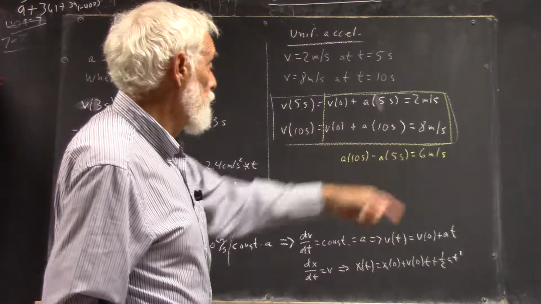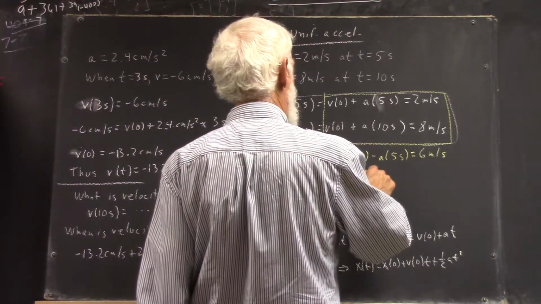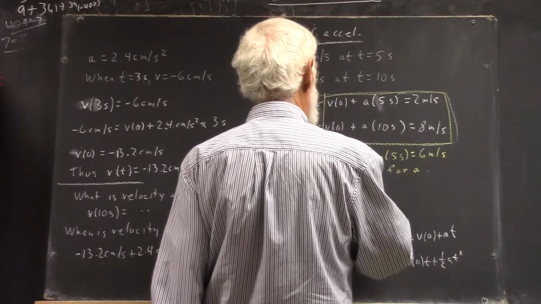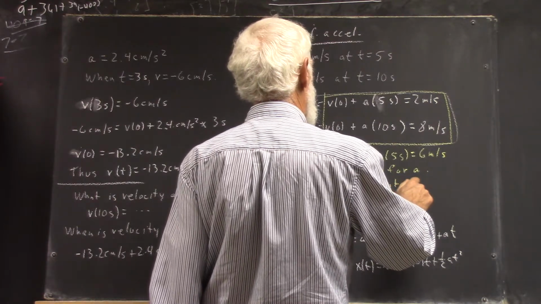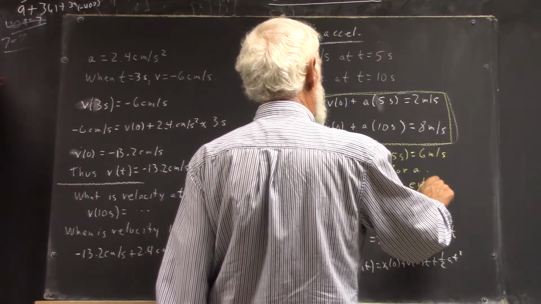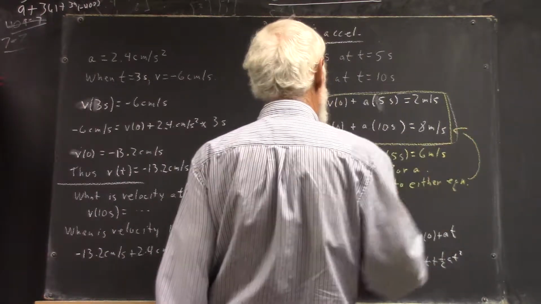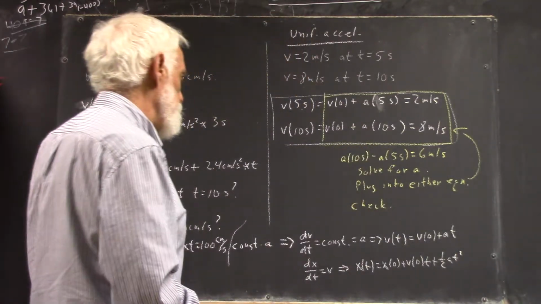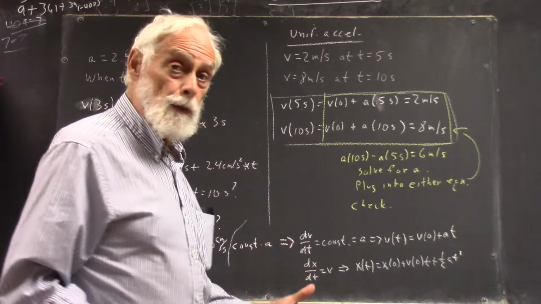So we can easily solve this equation for a. Then we plug that into either equation up here, and then we check. So, very straightforward way to solve a problem of this nature.